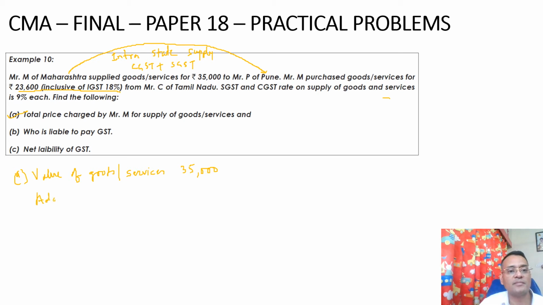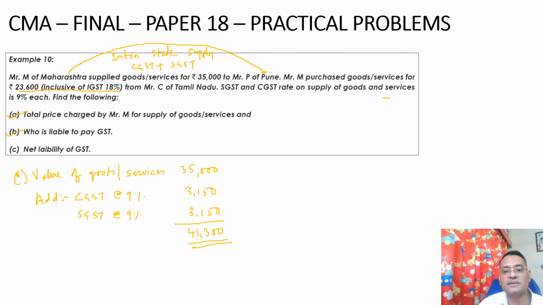Since it is intrastate, that is within the state supply, CGST at the rate 9%, that is 3,150, and SGST at the rate 9%, that is again 3,150 would be charged, and total price charged by Mr. M would be 41,300 rupees.